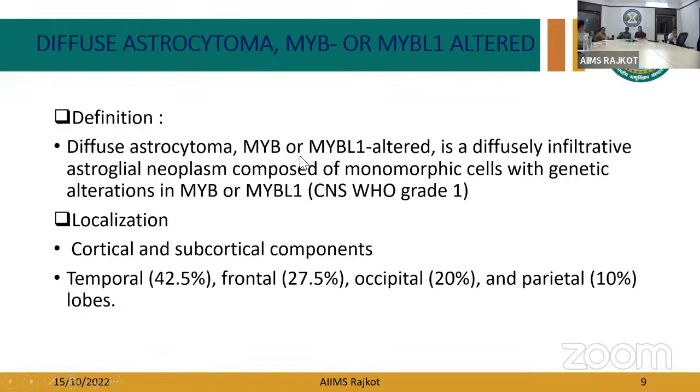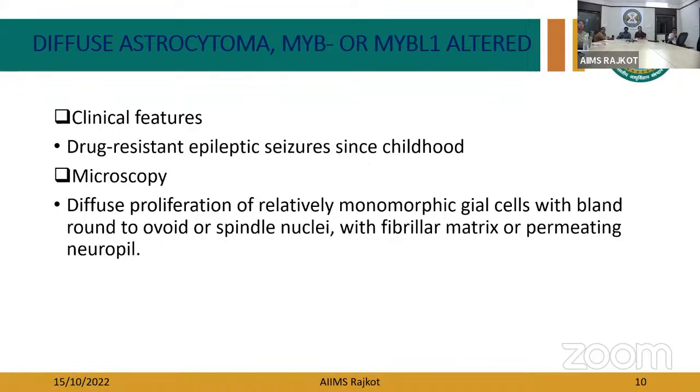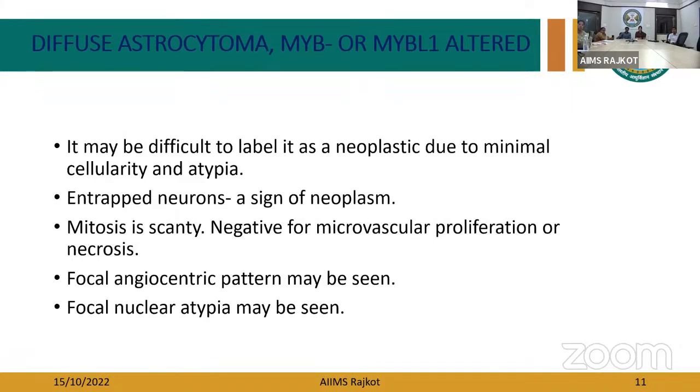It is basically located in the cortical and subcortical component, and the temporal lobe is most commonly involved. Clinically, it presents with drug-resistant epileptic seizures in childhood, and microscopically, it shows diffuse proliferation of monomorphic glial cells with round to oval nuclei and fibrillary matrix. Sometimes it is difficult to differentiate it from the normal parenchyma.